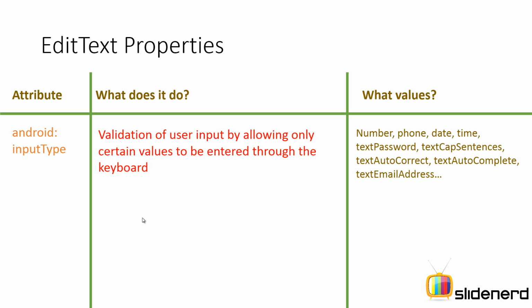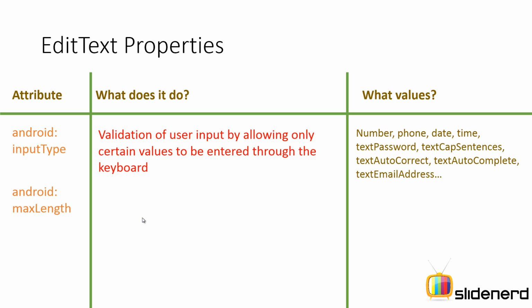That is, you display only numbers in the keypad when you ask the user to enter his age, and that way he will never enter an alphabet, right? And that is what this Android input type does. Now don't worry if you guys are not so clear about what the input type is. I'm gonna jump into Android Studio and actually show you how you can use this input type to customize and restrict what the user can enter.